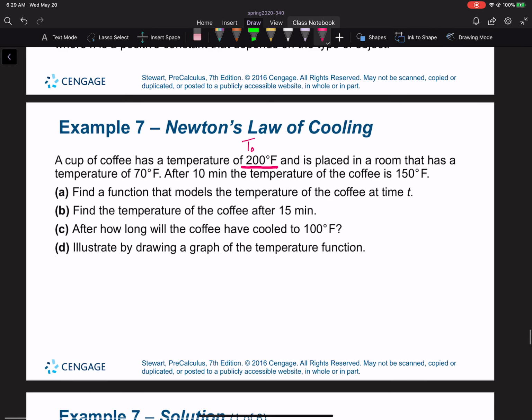It's placed in a room that has a temperature of 70 Fahrenheit. So this is the surrounding temperature, Ts. After 10 minutes, the temperature is given. So they give us some conditions: at t equal to 10, that is T of 10. Find the function that models the temperature of the coffee at time t.